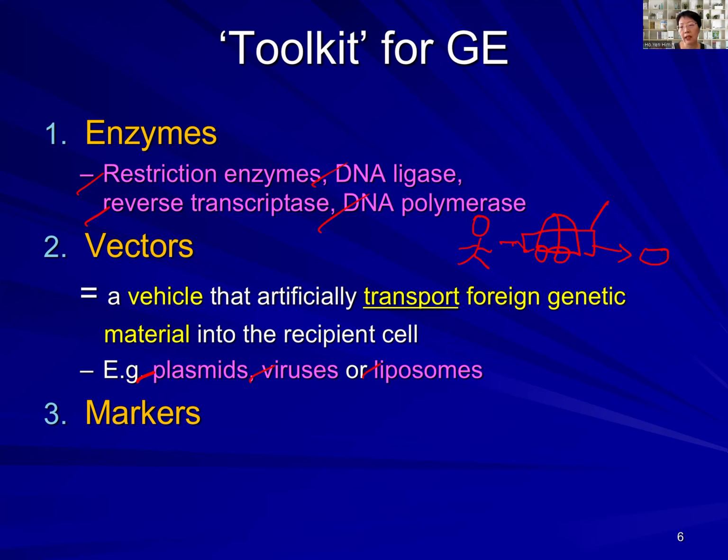It's like when you write your notes and use a marker to highlight the important words. Here, the marker highlights, among all the bacteria I have, which bacterial cell has taken up the foreign gene, or marks the recipient cell that has taken up the gene. Today we will focus on enzymes and vectors only. We'll learn about markers in another lesson.